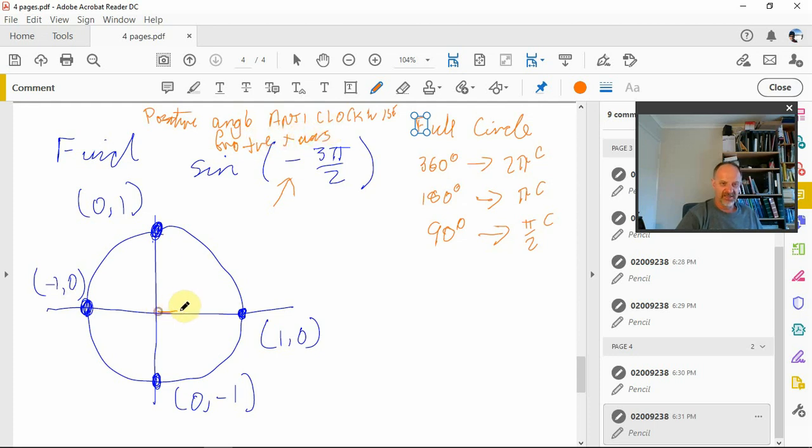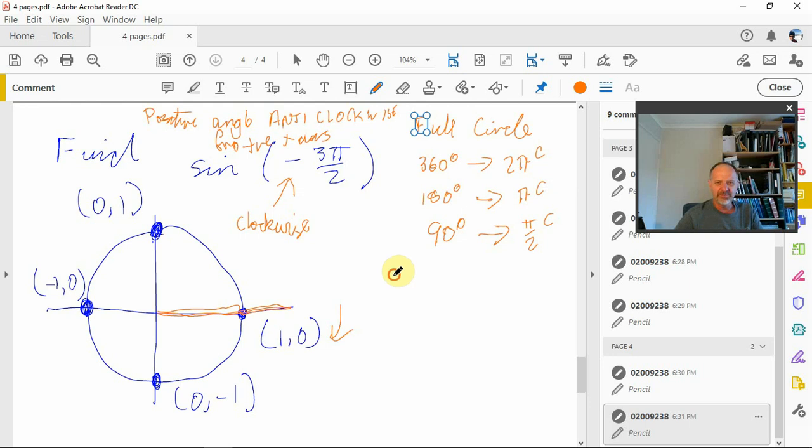So that's here. We're always measuring our angles from this line here. And so positive angles go anti-clockwise. So for a negative angle, we go clockwise. All right, so that's the negative. So this time we're going to go that way.